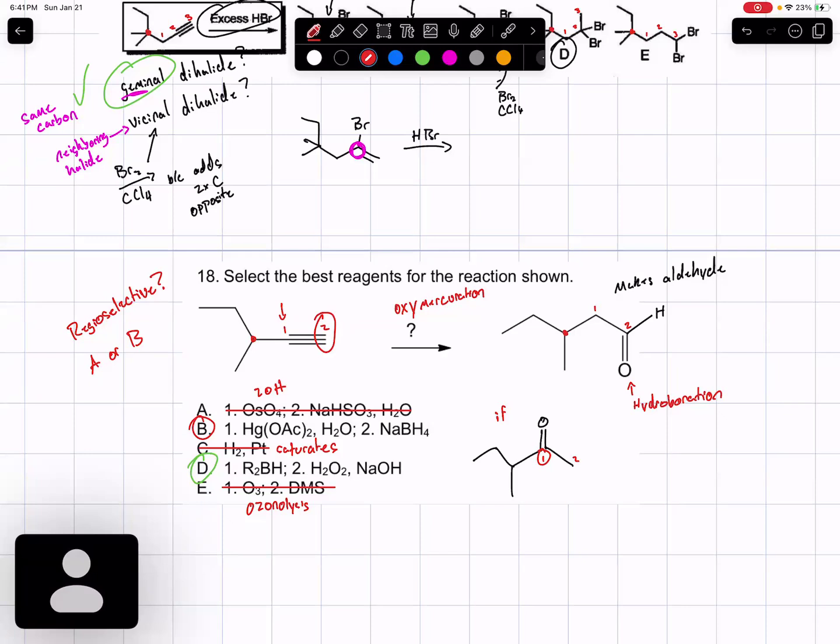Where is it? Maybe I can find it later, but I really wanted to show you guys. I can't seem to find it. I can make something up. I'm trying to illustrate the point that when there's no regioselective preference, it doesn't matter where you make the carbonyl, and you could technically use both.